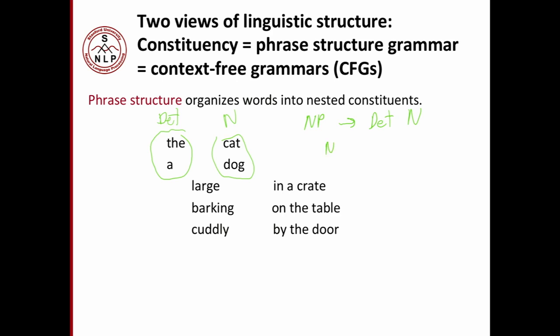So maybe I can say for my grammar that a noun phrase goes to a determiner, and then optionally you can put in an adjective, and then you can have a noun. And then I poke around a little bit further and I can find examples like the cat in a crate or a barking dog by the door, and I can see lots of sentences like this. And so I want to put those into my grammar.